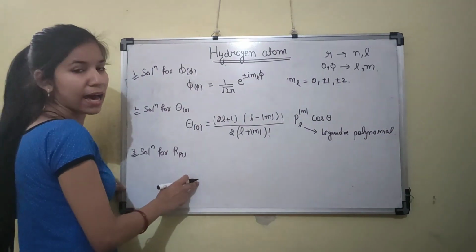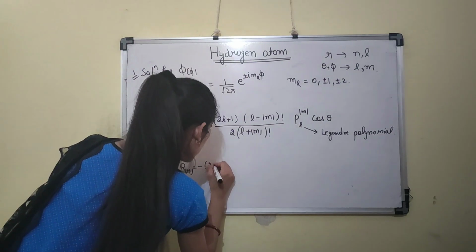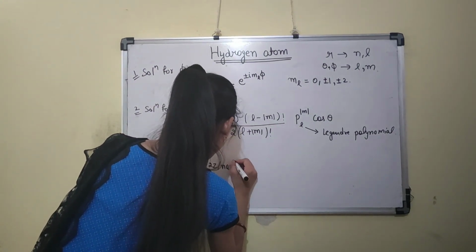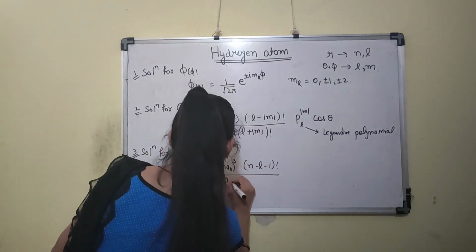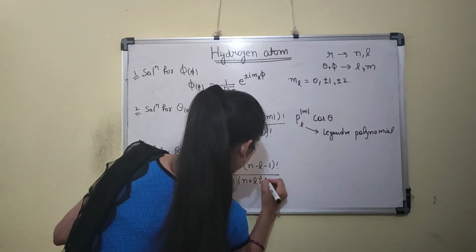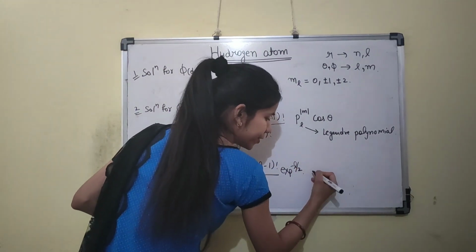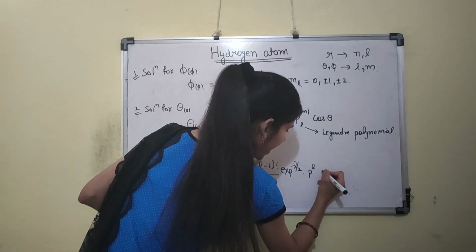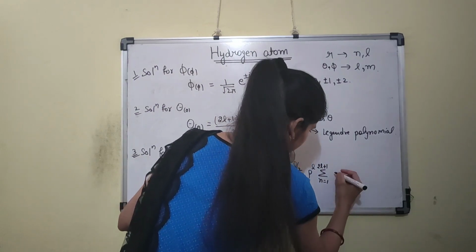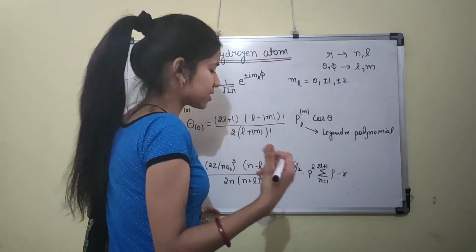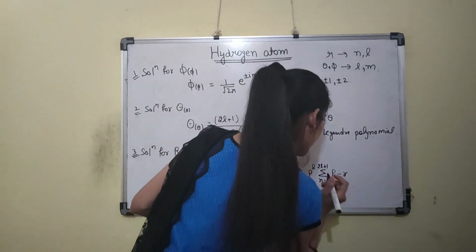The solution for R is equal to the square root of 2Z divided by n a naught raised to the power 3, into n minus l minus 1 factorial divided by 2n into n plus l factorial raised to the power 3, into e raised to the power minus rho by 2, into rho raised to the power l, into the Laguerre polynomial, and in this the value of rho is equal to 2Z divided by n a naught into r.